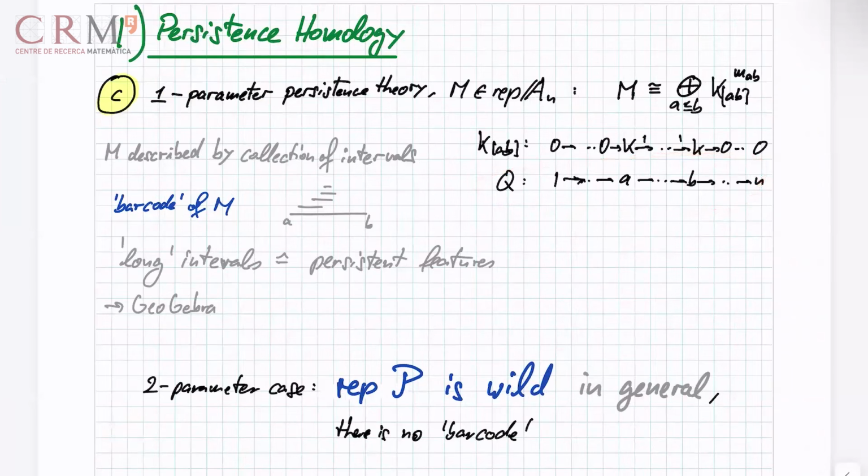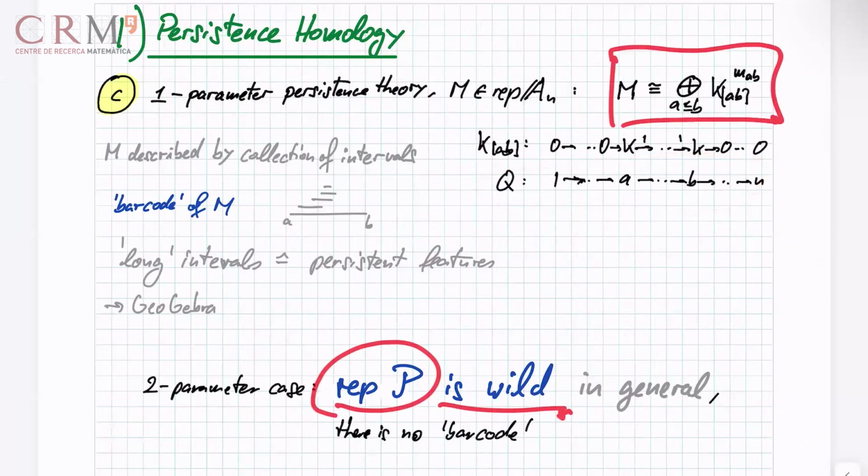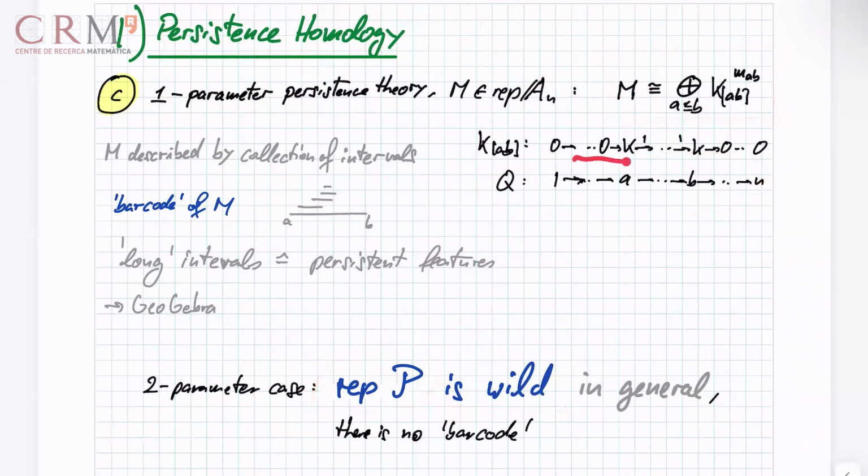And in the two parameter case, the representation category is what people call wild, and it should tell you that such a simple decomposition into indecomposables, which I can control and which I can draw, does not exist. So from the representation theory already, the two parameter case is a lot more complicated than the one parameter case.